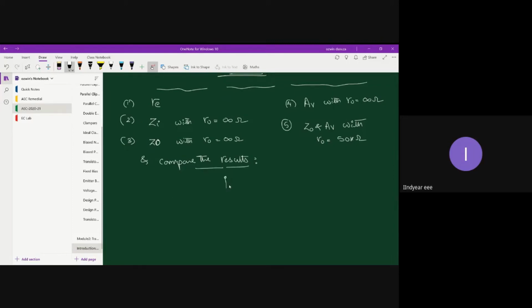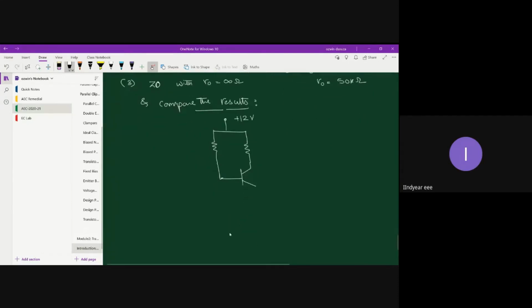Okay, so this is the circuit. ro is given as 50 kilo ohm, RB is 470 kilo ohm, RC is 3 kilo ohm, and this is the base, collector, and emitter terminal, and you have also been given the capacitor values, 10 microfarad each.